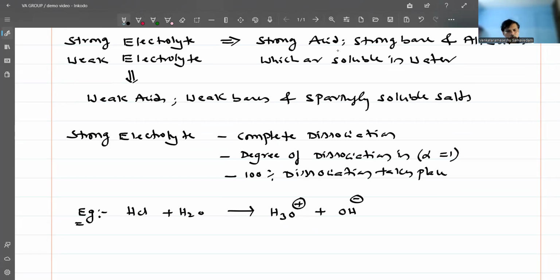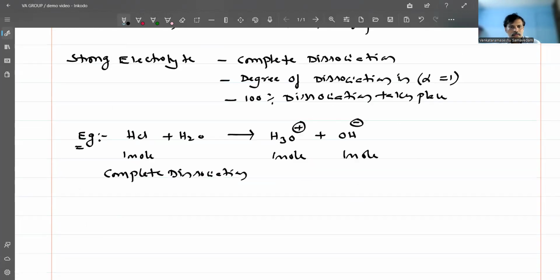In this irreversible process, 100% complete dissociation of ions takes place. Therefore, 1 mole of HCl undergoes complete dissociation and forms 1 mole of H3O plus and 1 mole of Cl minus ions.